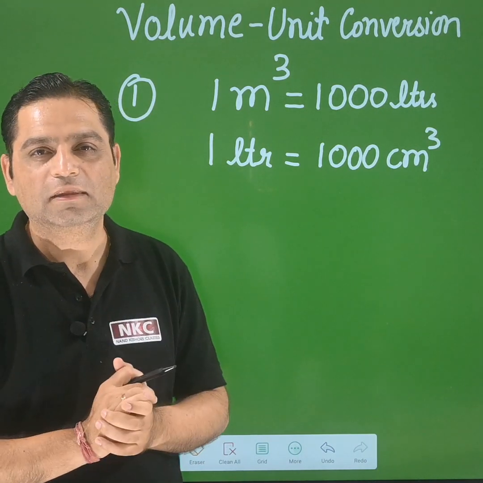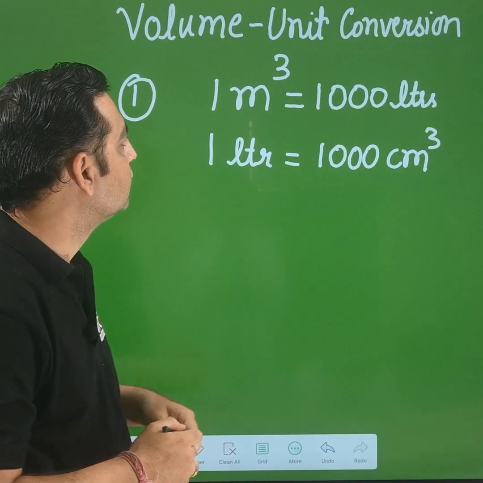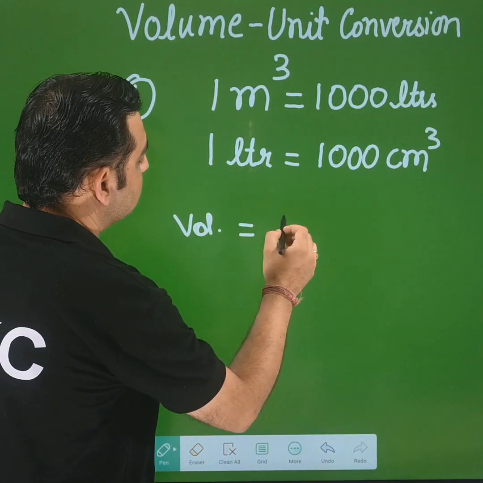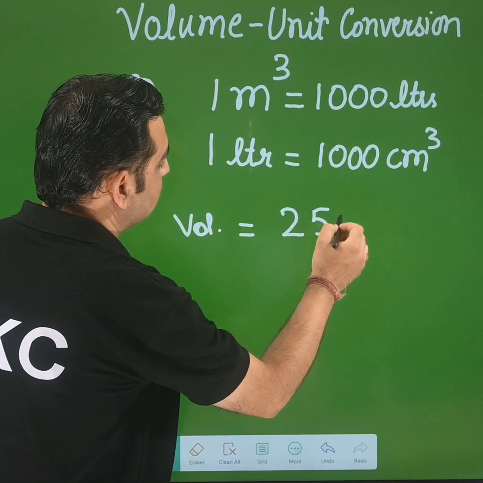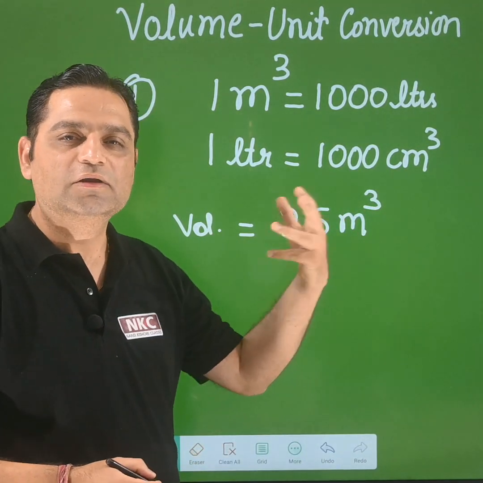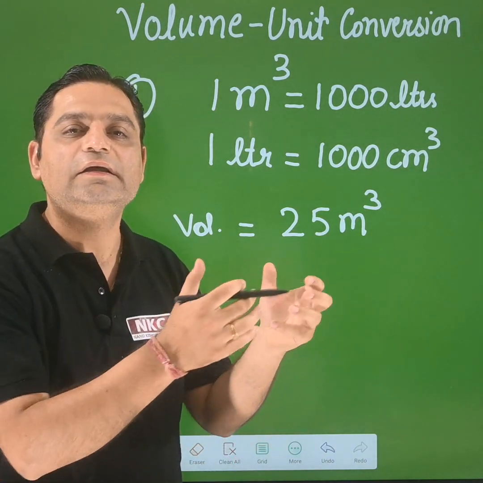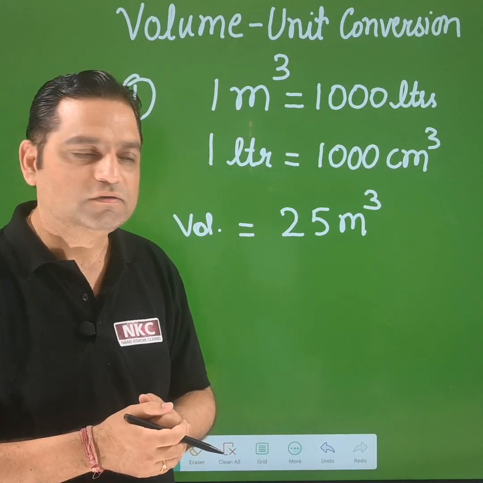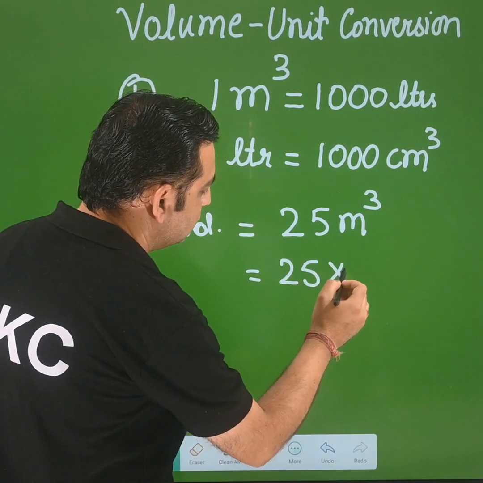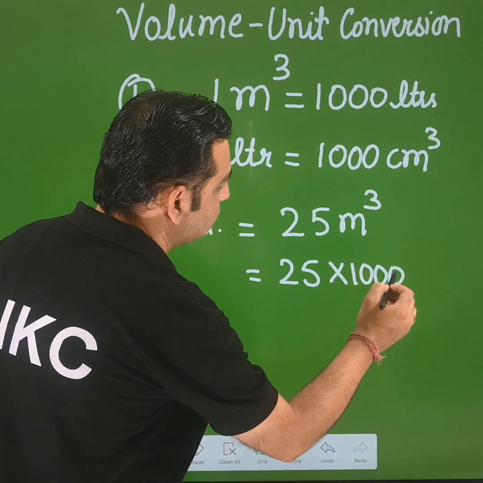Now let's suppose you are doing one question, and at the end you got the volume as, let's suppose, 25 meter cube, but you were doing it for some liquid and you were told to find the answer in liters. Then what would we do? We will just multiply 25 with 1000.